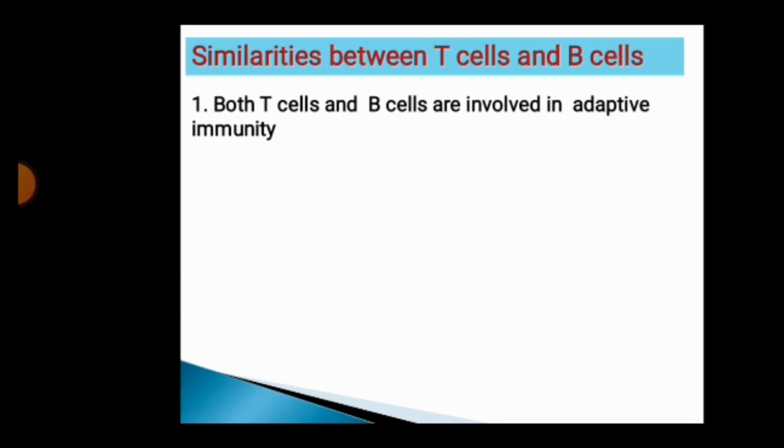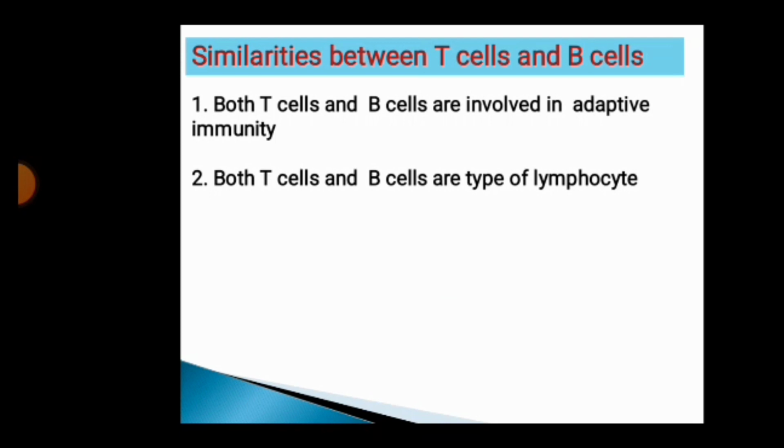This adaptive immunity, also known as acquired immunity, is one of the two main immune strategies found in vertebrates, the other being innate immunity. The adaptive immunity includes both humoral immunity and cell-mediated immunity.